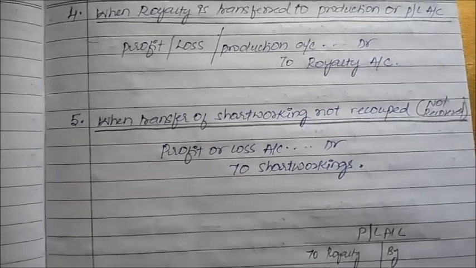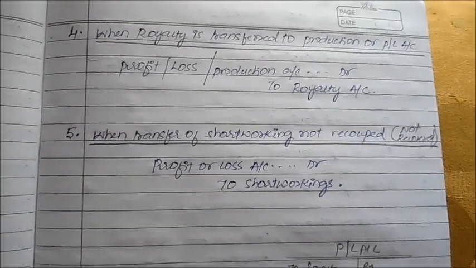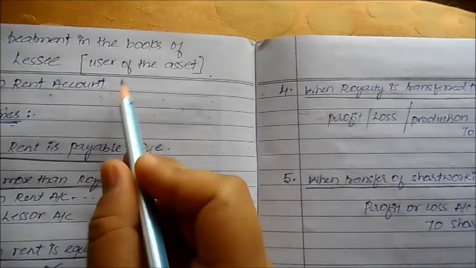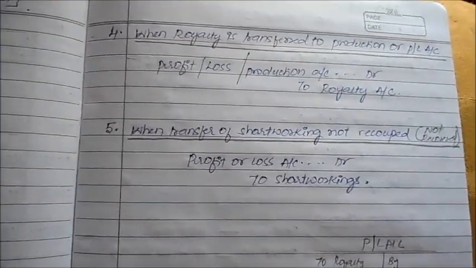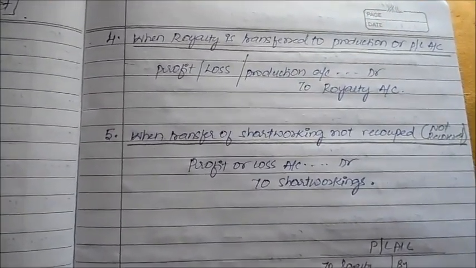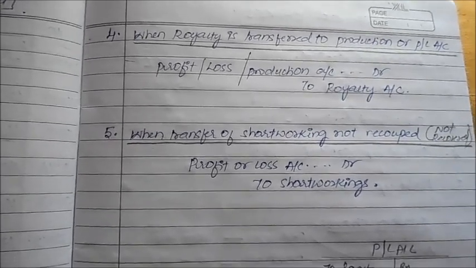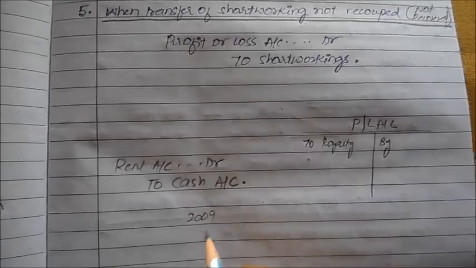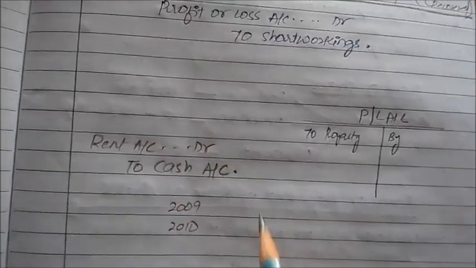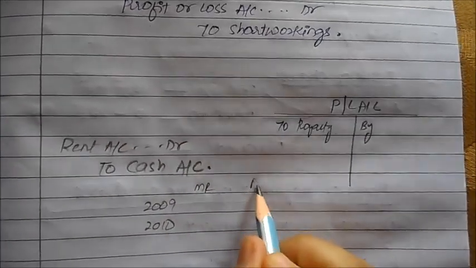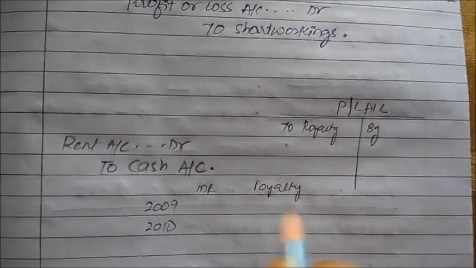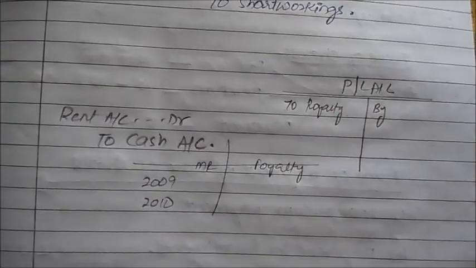Now here what exactly happens? If there is a possibility that the user of the asset recovers the previous year's extra money paid, for example, in the year 2009, in the year 2010, minimum rent, royalty. We'll just understand it like this.